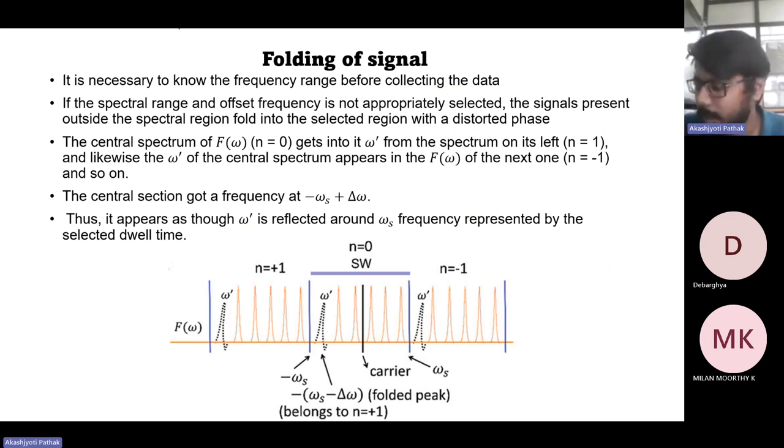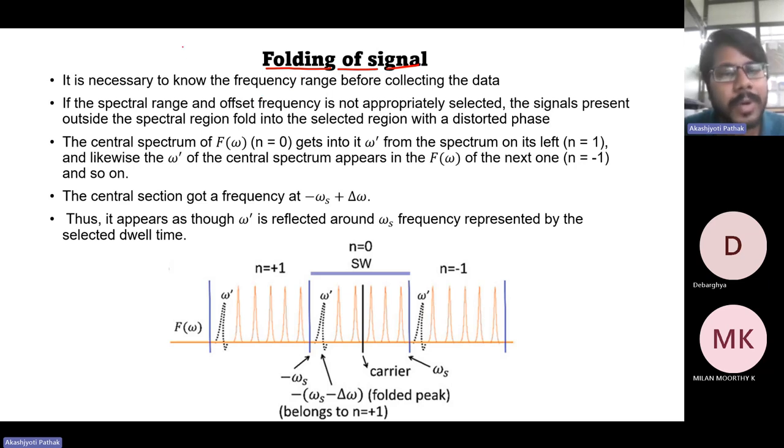Yeah. So what is aliasing, or what is folding of signal? We will understand this concept. So the folding of signal is necessary. Before recording the NMR spectra, or before collecting the data, it is necessary to know the frequency range.